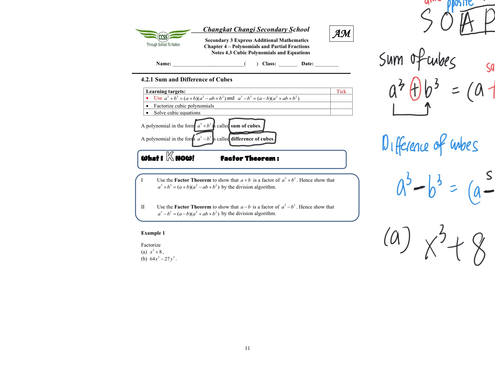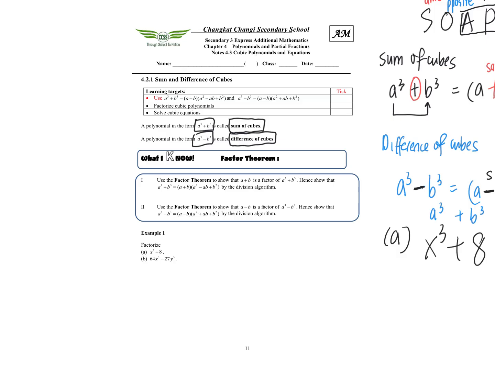Because this would be, what is the answer that you will get? So x plus 2, x squared minus 2x plus 4, right? Because this is a squared, ab, b squared. Okay? This is a, this is b. A cube plus b cube. This is your a, this is your b.